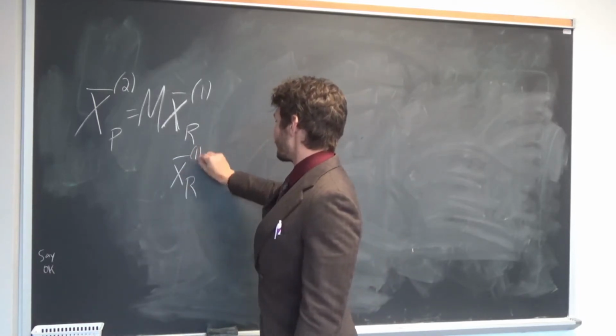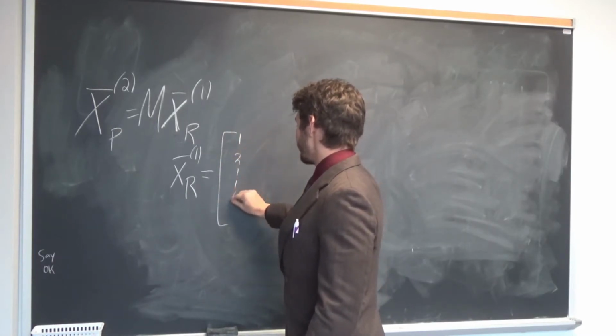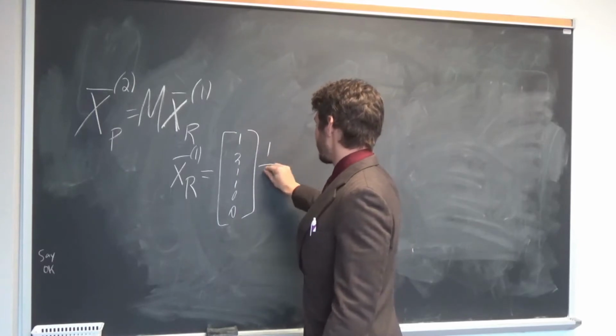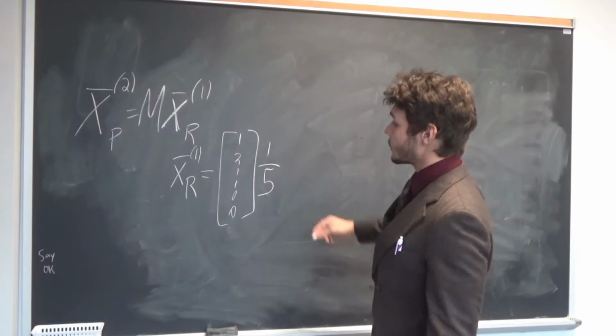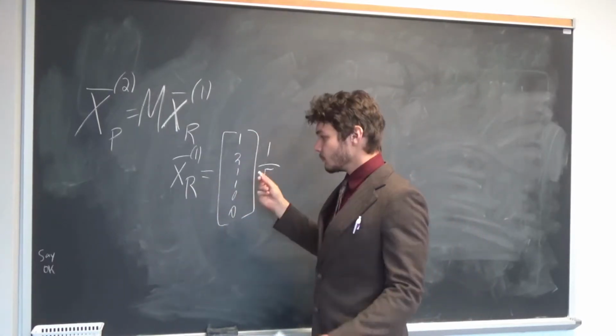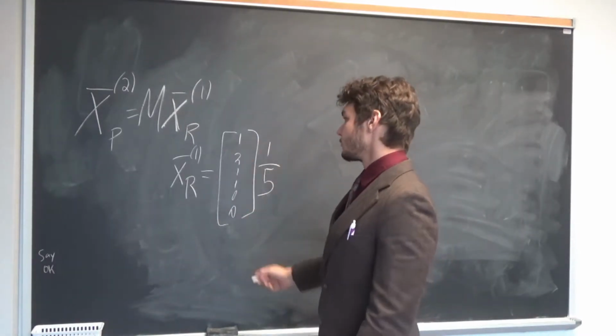The last generation that reproduced, Gen 1R, was 1, 2, 1, 1, 0, 0. And remember, these have to be fractions, so multiply by 1/5, divide by 5, however you want to think of it. It's a probability vector. Even though it's the actual people who reproduce, it's still in terms of probability, so the column has to add up to 1.